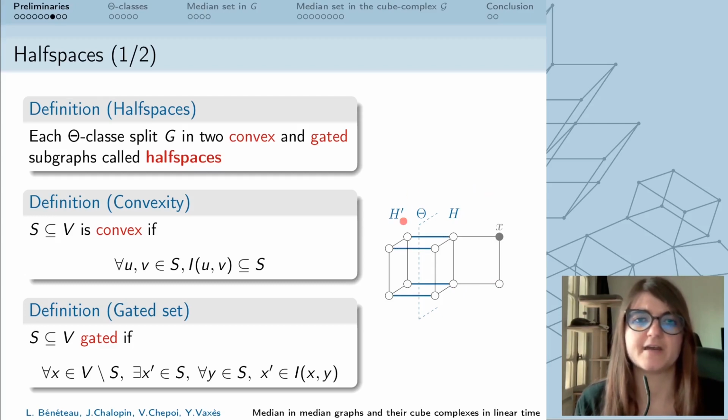So we see that H' is gated. It means that if we take any vertex X outside of H', then X has a projection on X prime. But it's even stronger than that. If you take any vertex Y in H', then there is a shortest path between Y and X that goes through X prime.